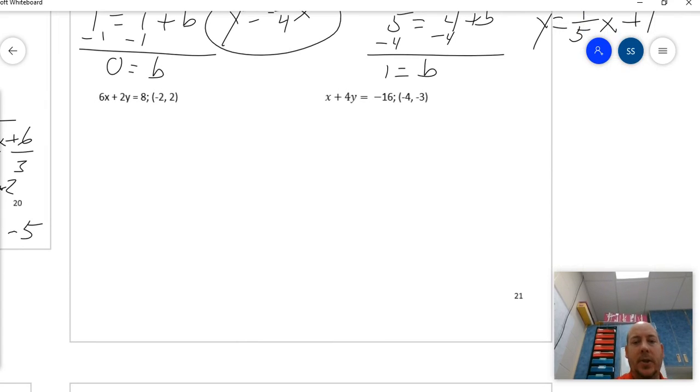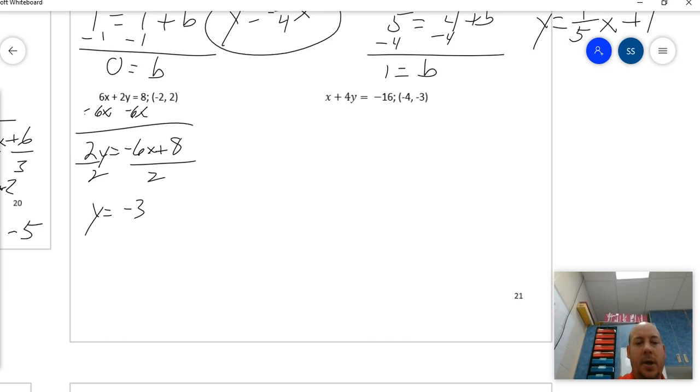Let's go ahead and get this in slope-intercept form first. So I'm going to move the 6x over because we have to figure out what our slope is. So 2y equals negative 6x plus 8. Divide everything by 2. Y would be negative 3x plus 4. So now I know my slope. Okay, I can plug my numbers in to figure out my y-intercept. So my y value is positive 2.